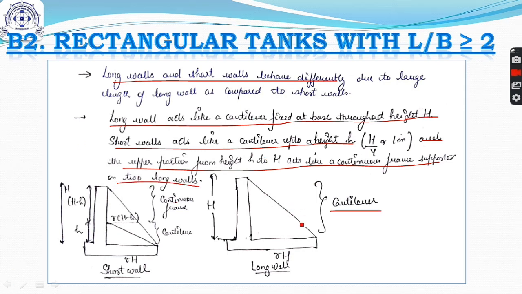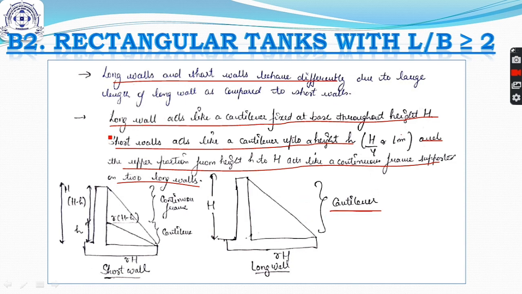This is because the long wall is too long as compared to the short wall, so its upper end will be slightly free to move, as it cannot be completely supported by the short wall. So the whole height of the long wall will act as a cantilever.